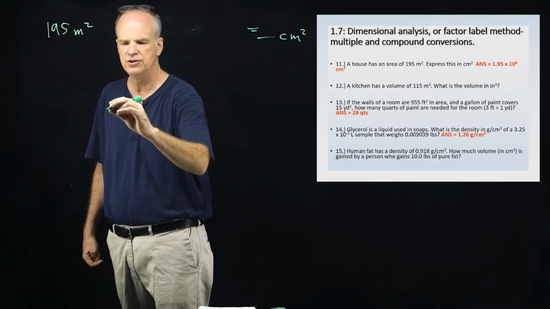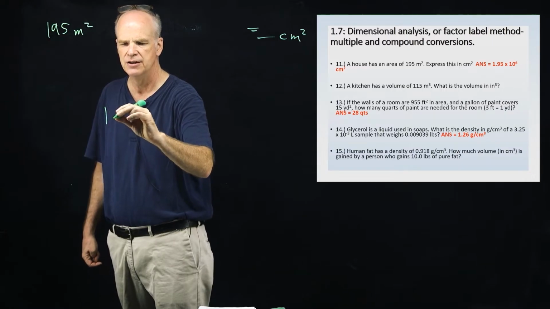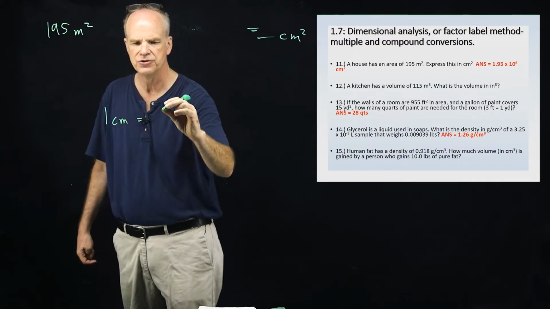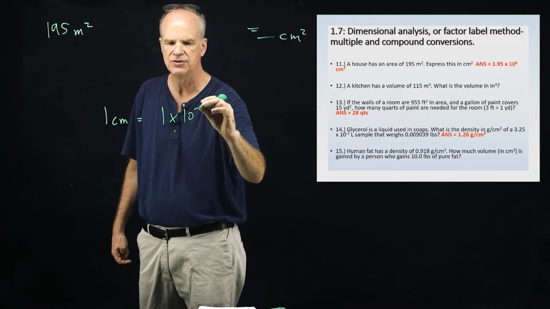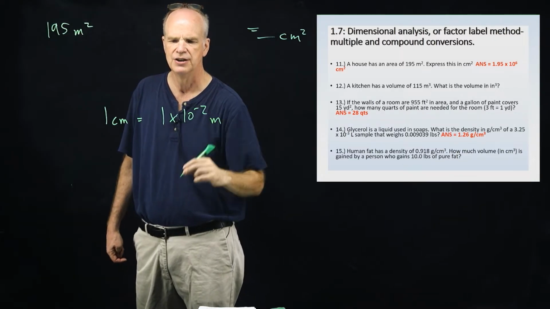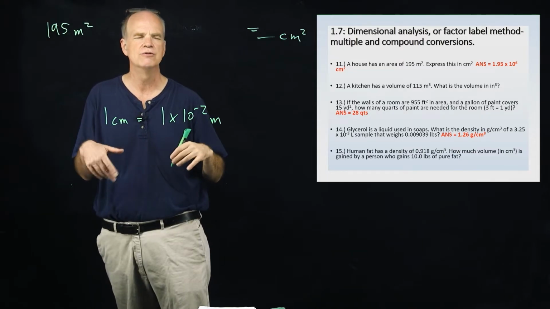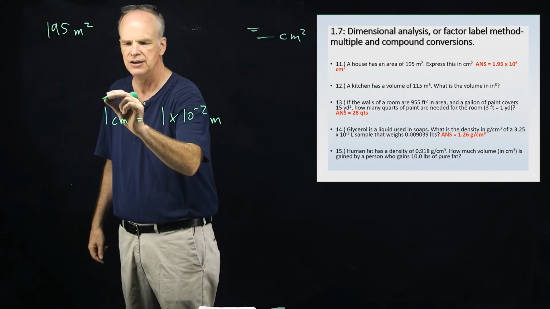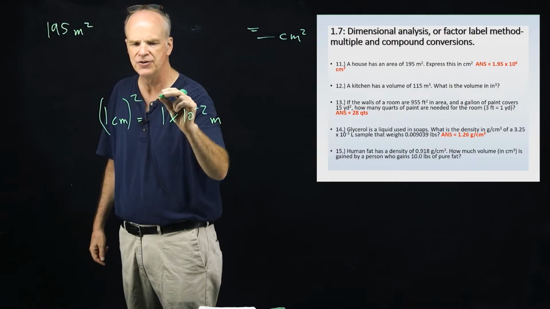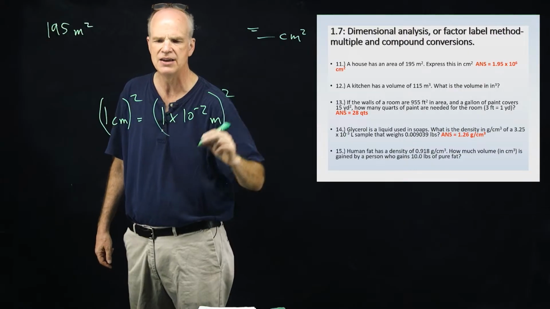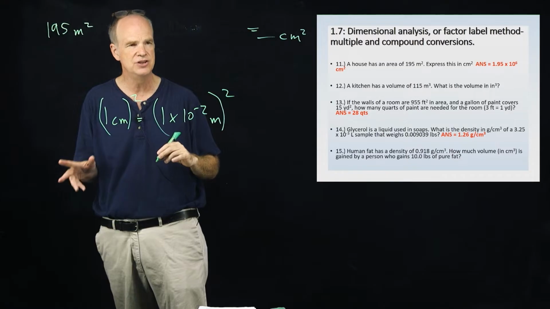So what you want to do is, let's take 1 centimeter is equal to 1 times 10 to the negative 2 meters. To get this into an appropriate conversion where everything is squared, you square both sides of this equation. And when you do that, you have to square the number and the units.